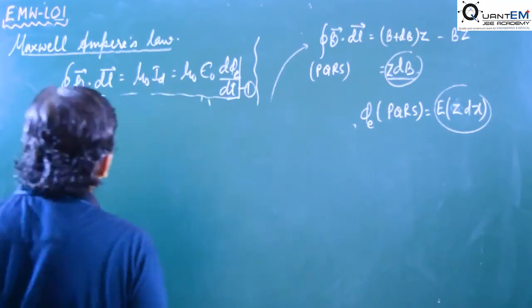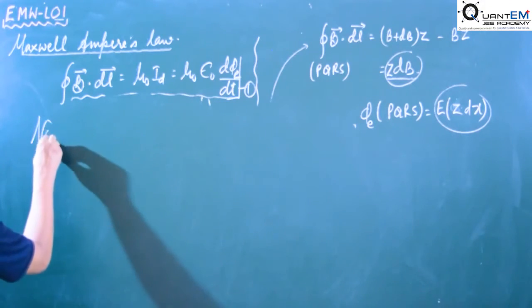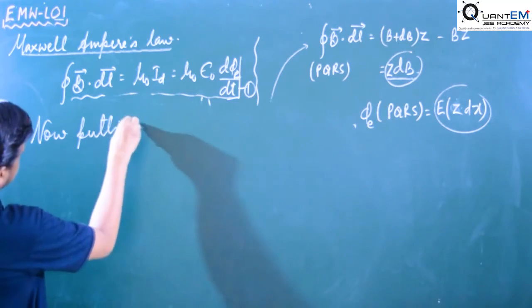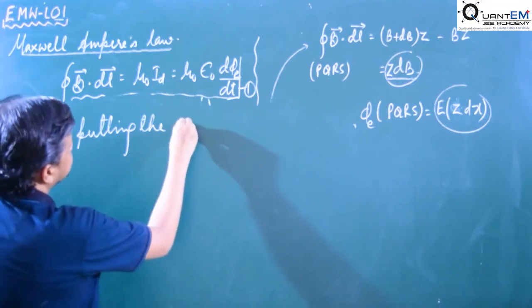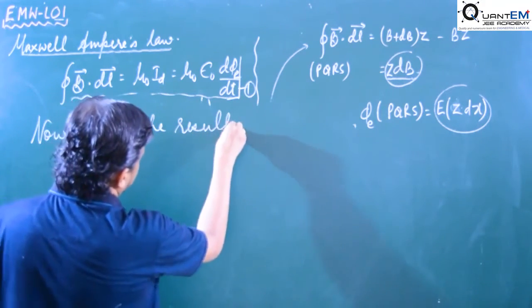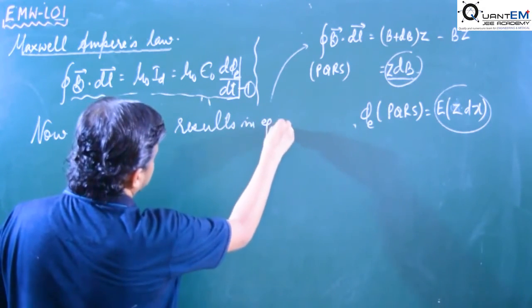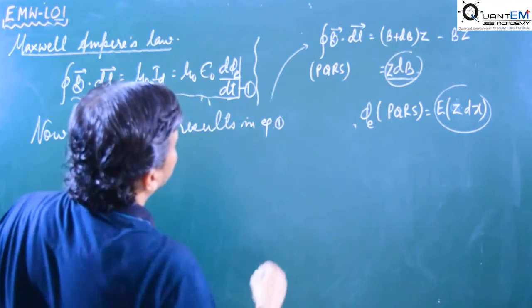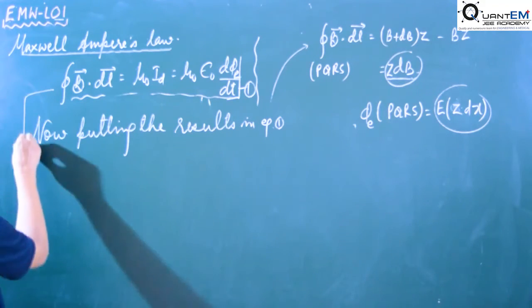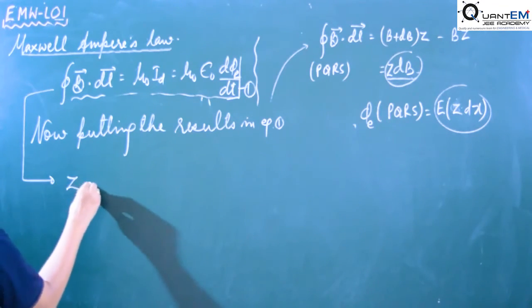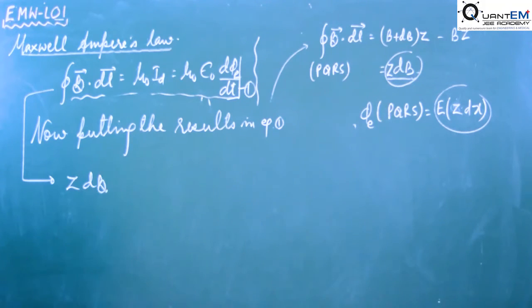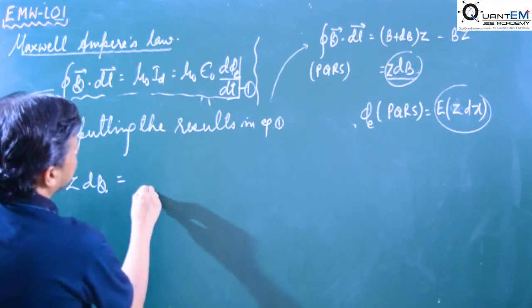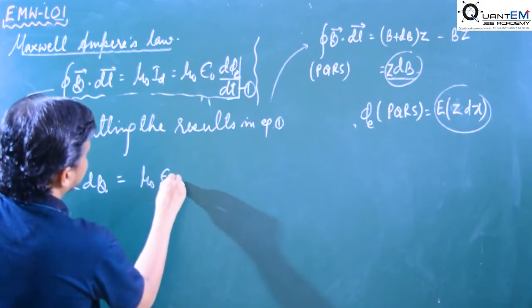Now putting the results in equation 1, in place of B dot dl we have Z dB, which is equal to mu naught epsilon naught.